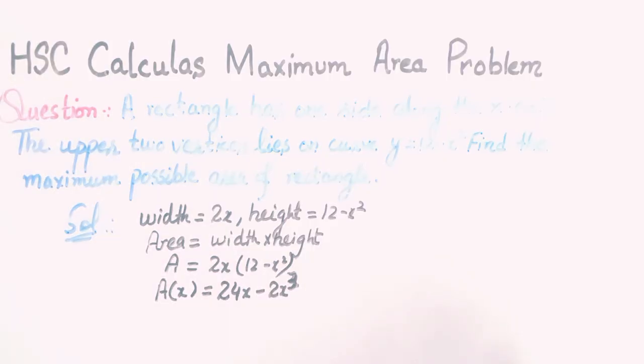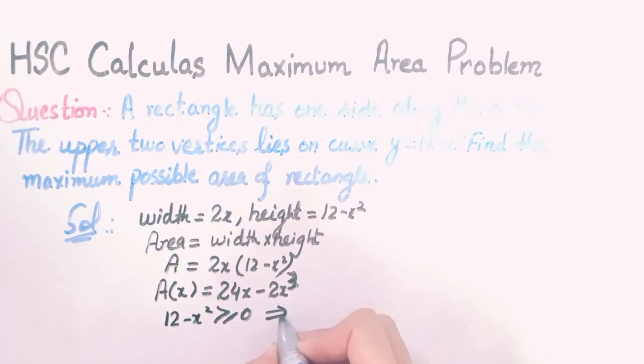Now you have to determine the domain. For this purpose, we will solve this as: you have the height, that is 12 minus x squared. It should be greater than or equal to 0, which implies that x squared is less than or equal to 12.